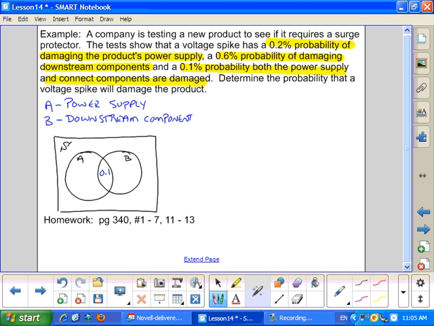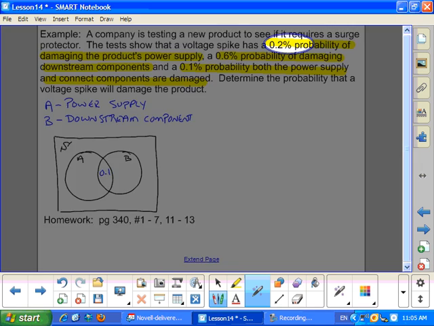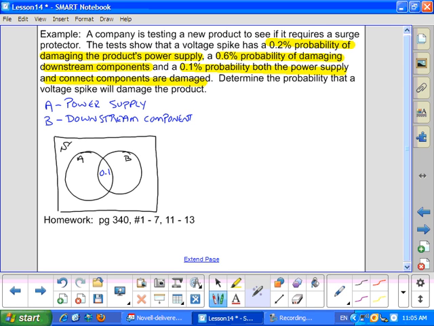People that really understand and are comfortable with Venn diagrams can always do mutually exclusive and non-mutually exclusive with a Venn diagram. You don't even need the formula. Because set A is just the power supply going. So that's the 0.2 right up here. So in here, it's going to be 0.2 minus 0.1, because remember, inside the whole A bubble is 0.2. It's like when you're doing Venn diagrams with 3 sets and you're breaking it down.